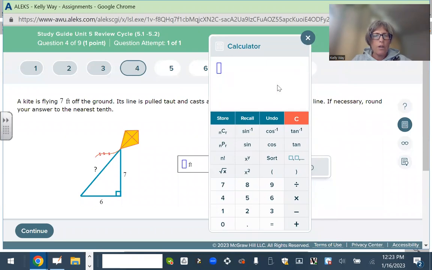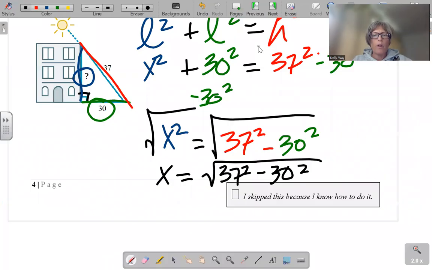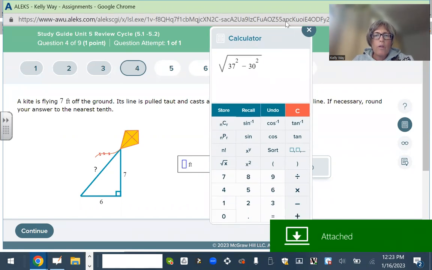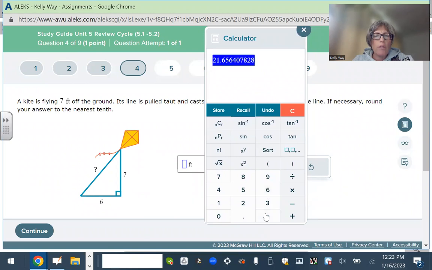All right, take a look here. Square root of 37 squared minus 30 squared. So you grab this, and you do 37 squared minus 30 squared. You can do that in one step on your calculator, and then it'll round to the nearest tenth.